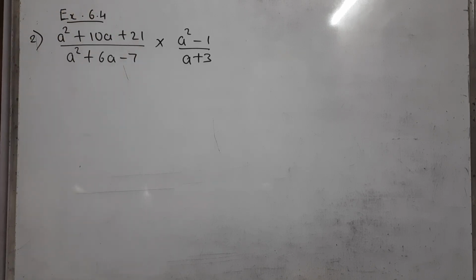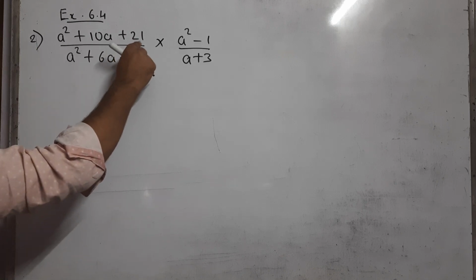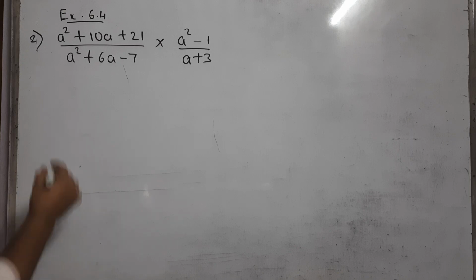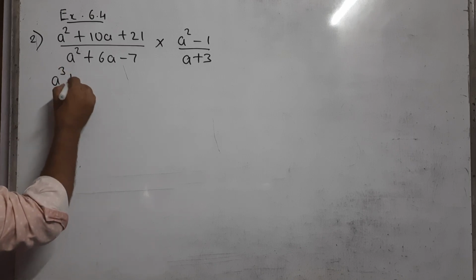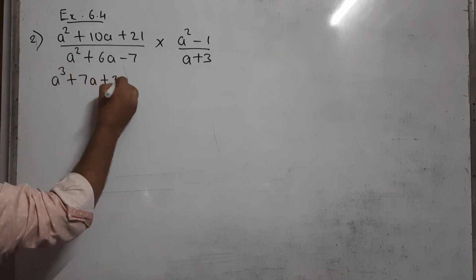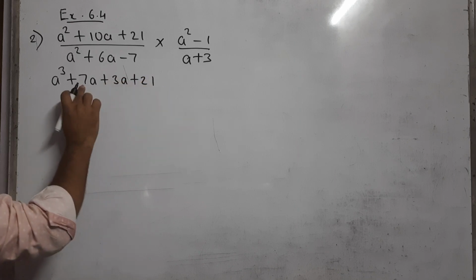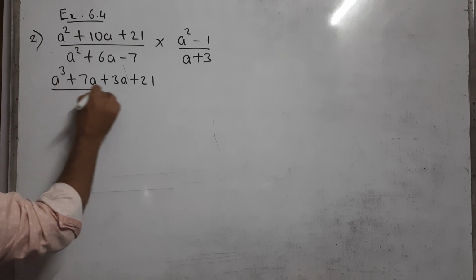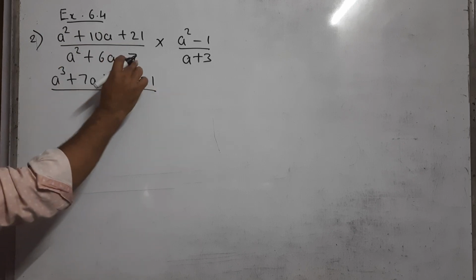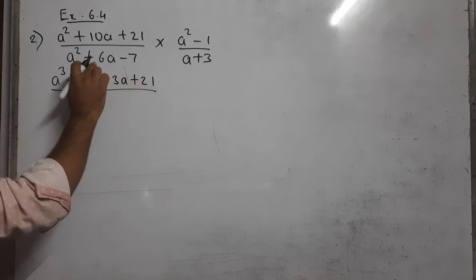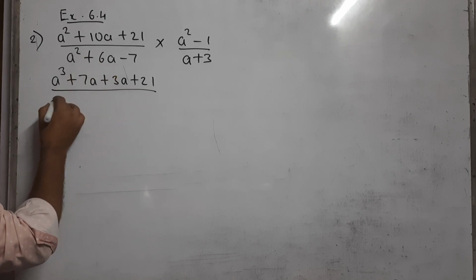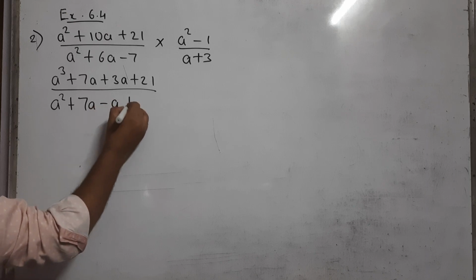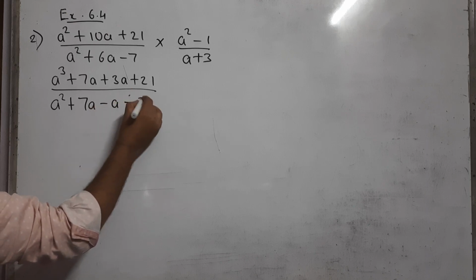We had learned in exercise 6.1 that 21 is your product and 10 is your sum. The factors you are going to get are 7 and 3, that is a square plus 7a plus 3a plus 21. 7 threes are 21 and 7 plus 3 is what? 10. In the same way in the denominator, the product is minus 7 and the sum is 6. The factors you are going to get are 7 and minus 1, that is a square plus 7a minus a minus 7.